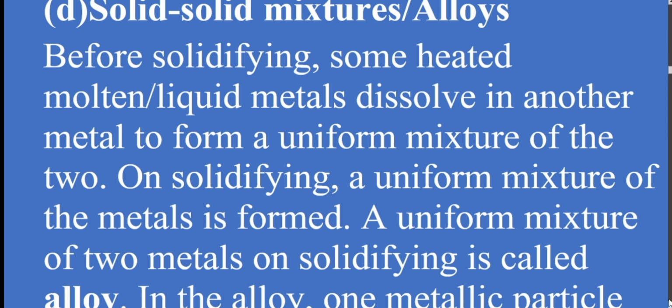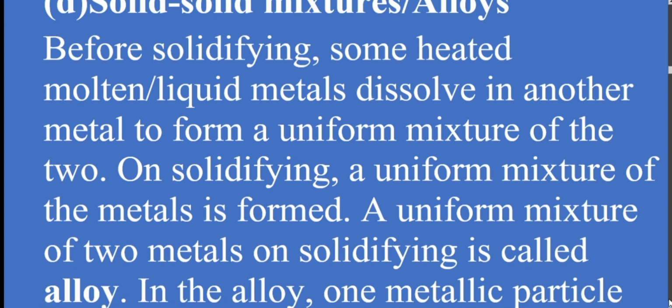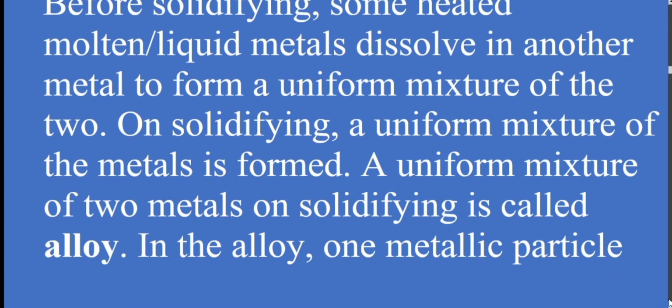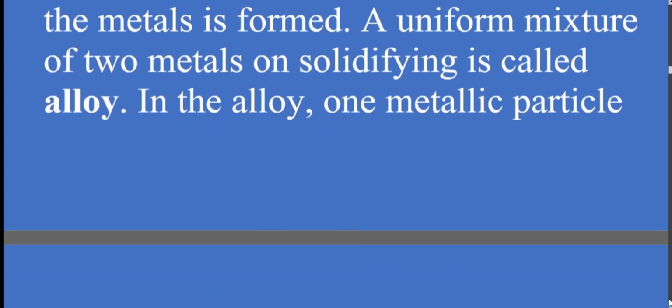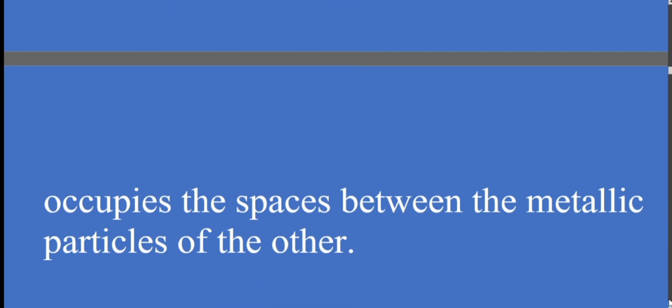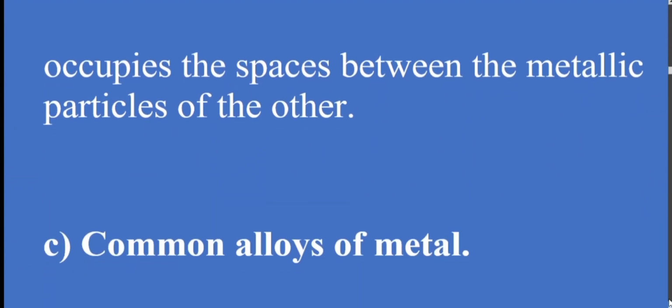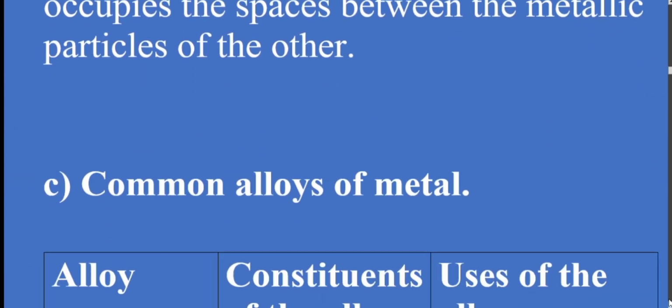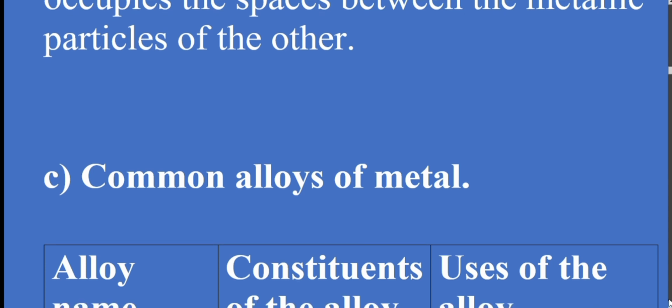Then on solidifying, a uniform mixture of the metals is formed, which is called an alloy. So in the alloy, one metallic particle occupies the space between the metallic particles of the other. Now let's look at the common alloys of metals.